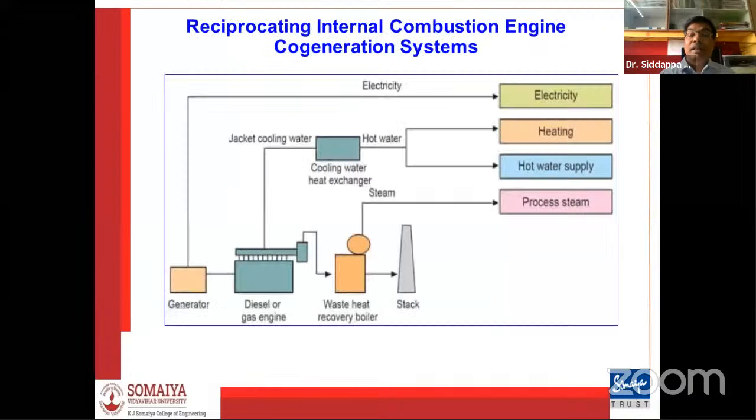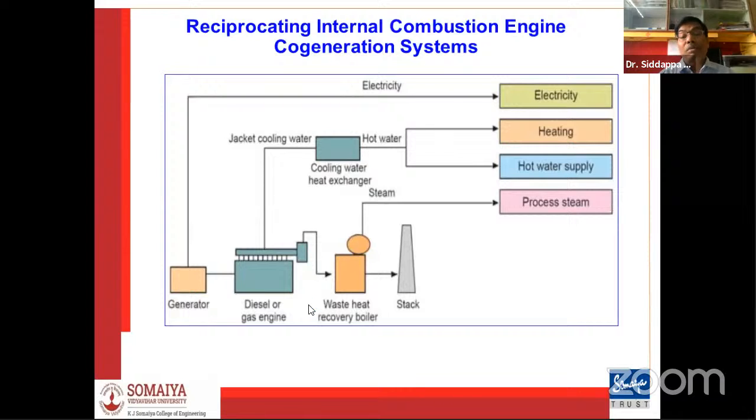Otherwise, there is a problem called piston jamming, and burning of the piston liner and piston rings will take place. Sometimes the piston may get jammed due to overheating. Therefore, we use jacket cooling, so some of the heat is taken away by the jacket, some of the heat is lost in the form of blow-by, and some of the heat is expelled to the atmosphere through the exhaust gases.